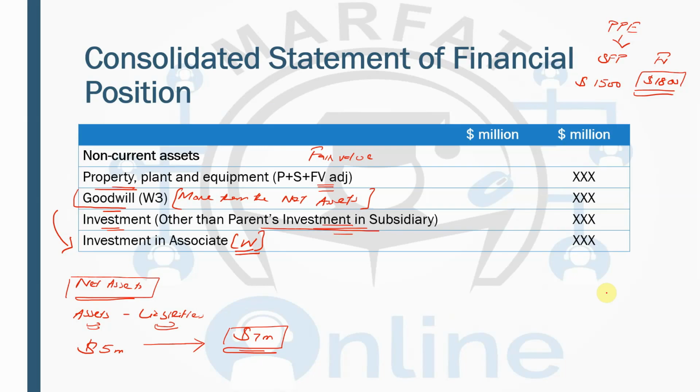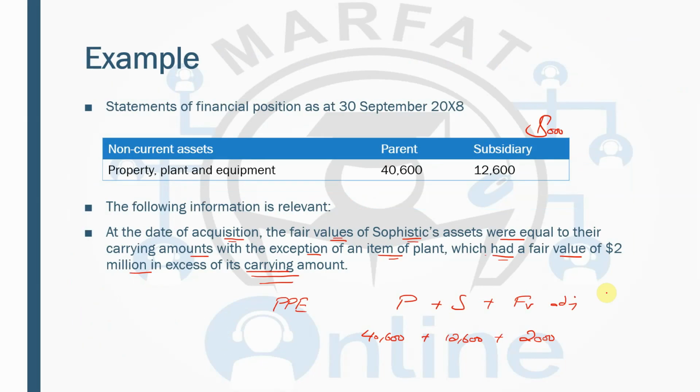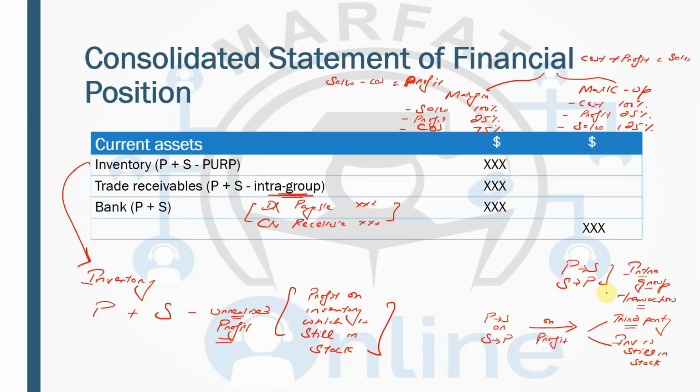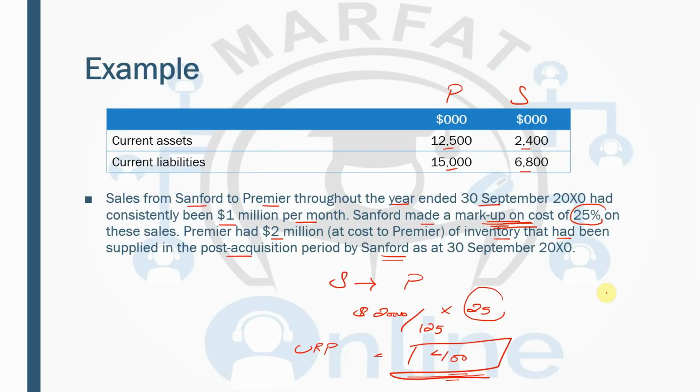And then if you have a 20 to 50% investment in any other company, which is known as an associate, you have to record a figure over here. Then we discussed the current assets: inventory, parent plus subsidiary minus unrealized profit. Then trade receivables, parent plus subsidiary minus intragroup receivables. Then bank balance, parent plus subsidiary.